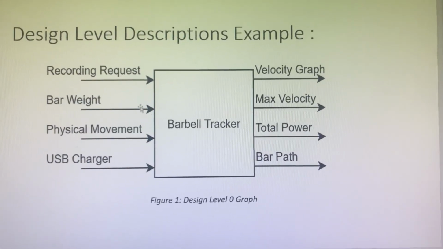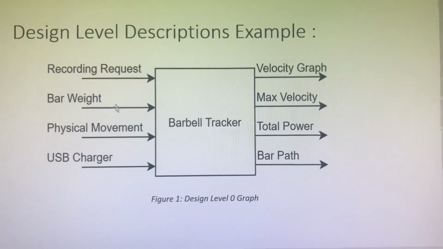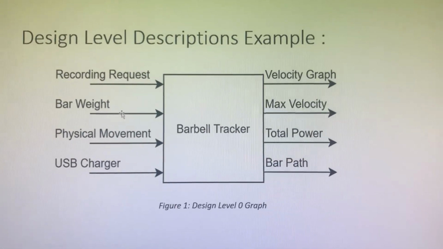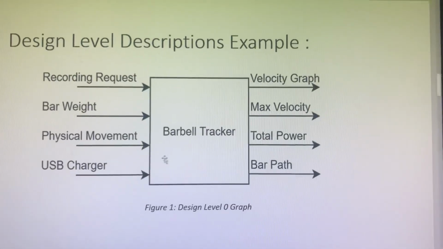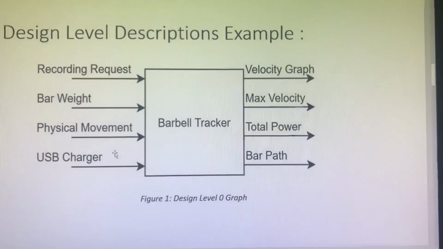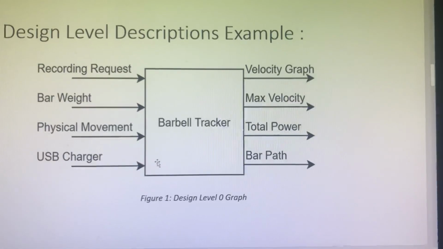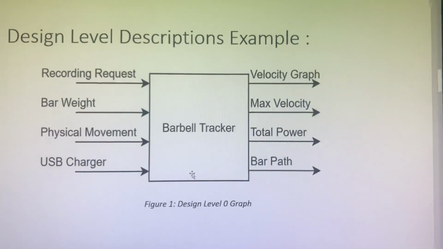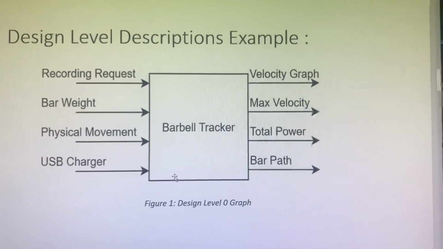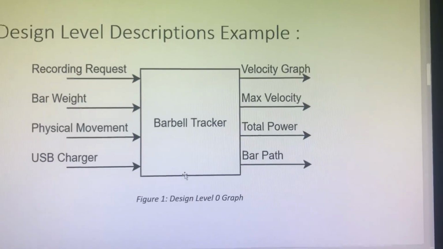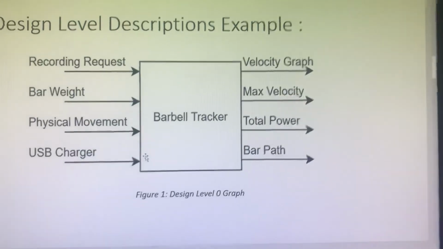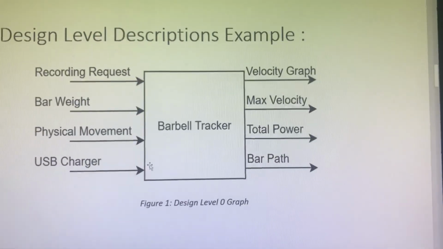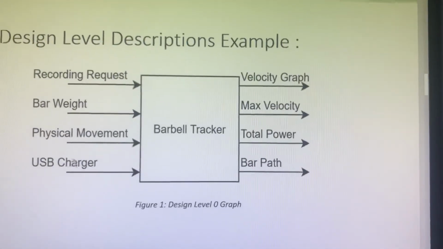We can enter the weight that we want to lift, and we need to do a physical movement like lifting the bar. We have a USB charger to charge our device, because we have a 3.7 volt battery. The battery lasts just 2 hours, after that we need to recharge it.